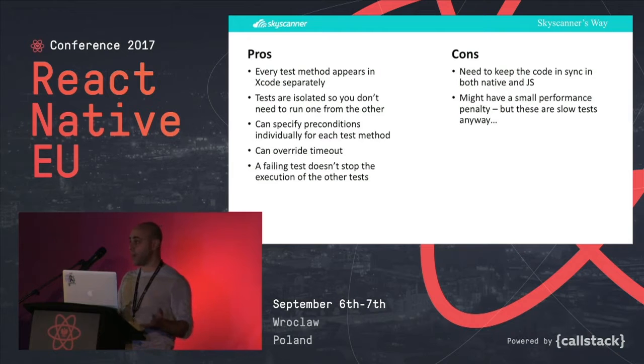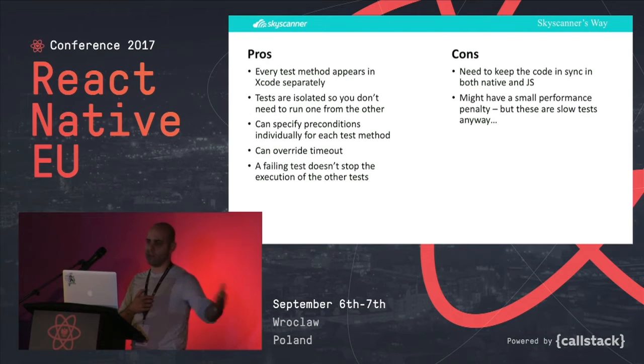You can override the timeout, so if your test hangs for some reason, because of something you forgot to do or some changes that were made, you won't need to wait 2 minutes on your CI just for the test to fail. And a failing test doesn't stop the execution, so if one test fails, the rest can run freely and just give you the results.